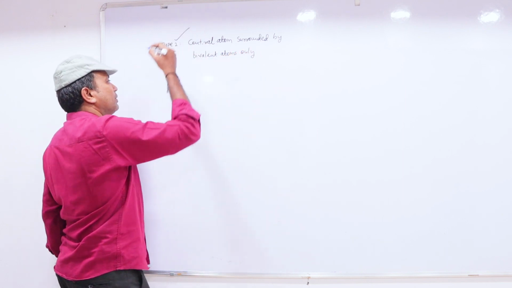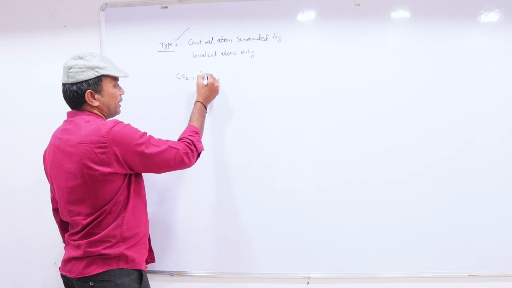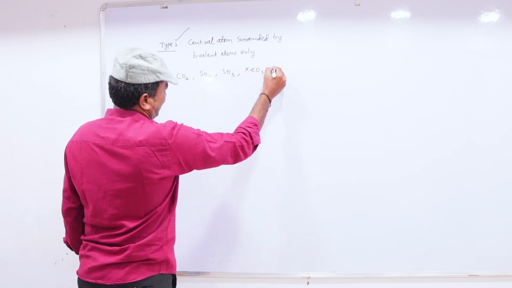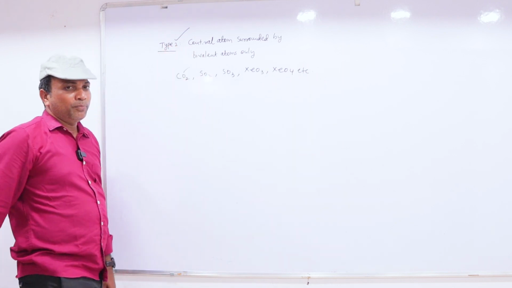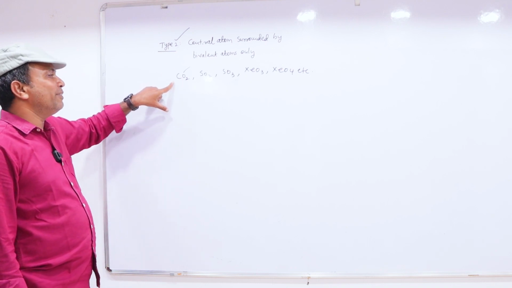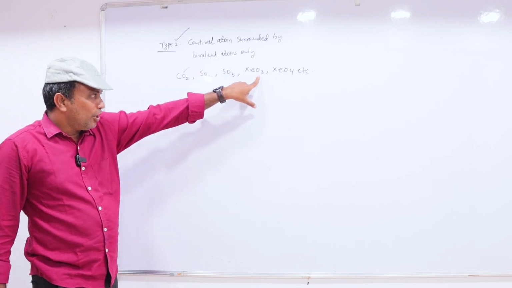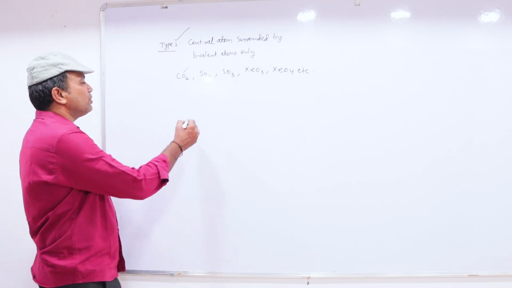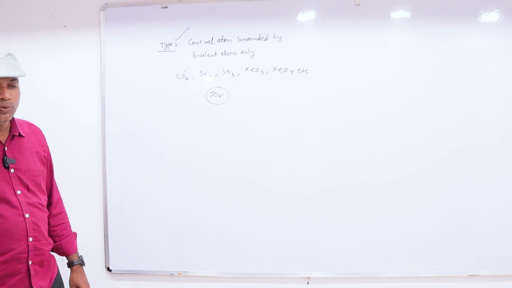Examples: CO2, SO2, SO3, XeO3, XeO4, etc. These compounds are used because oxygen is a bivalent atom bonded with the central atom, whether carbon, sulfur or xenon. Like that, I find hybridization and everything in the SO2 molecule.